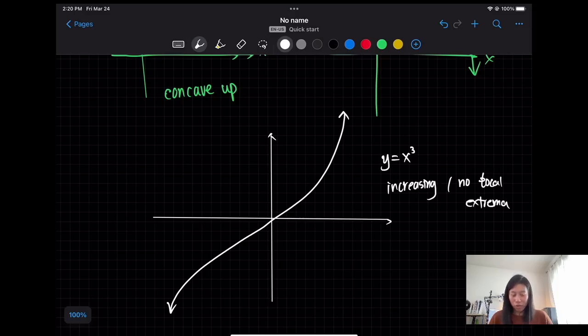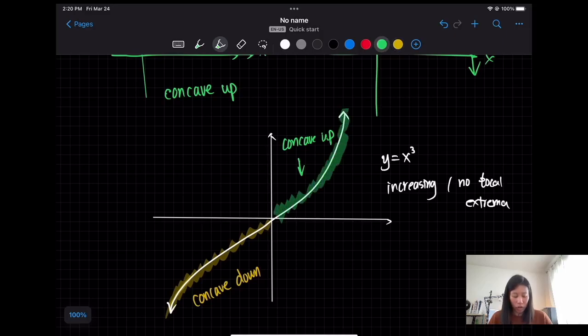But what about concavity? It is concave in two ways. In the first part, it is concave down because it's pointing downward. It's increasing but concave down. And then later, the second part is concave up.